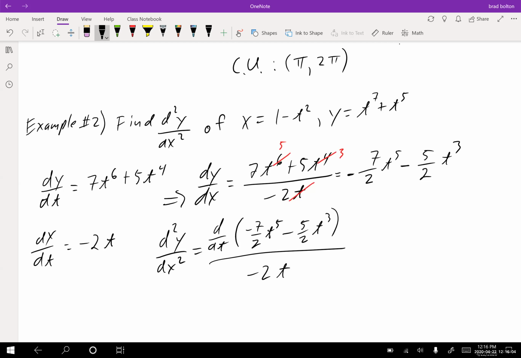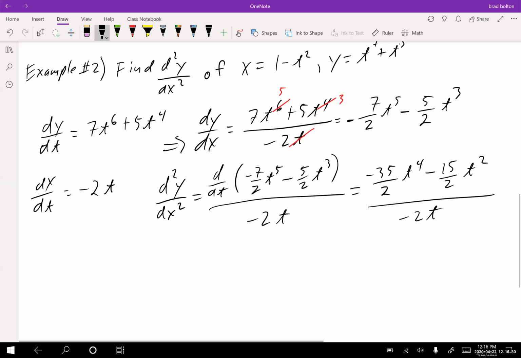The derivative of that would be negative 35 over 2 t to the 4th minus 15 over 2 t squared, all divided by negative 2t.